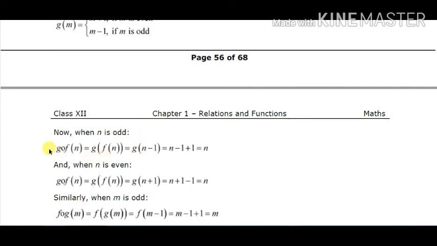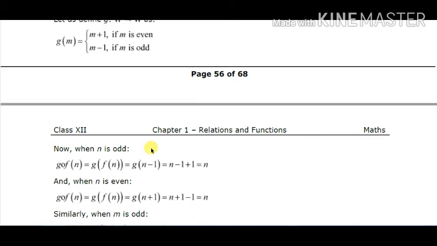Now we show that g composition f and f composition g is the identity function. Now g composition f of n will be g of f(n), and when n is odd, f(n) is defined as n minus 1. So we write n minus 1 in place of f(n). So it becomes g of n minus 1. Now n was odd, so n minus 1 became even, and when it is even, how is the g function defined? It is defined by m plus 1.